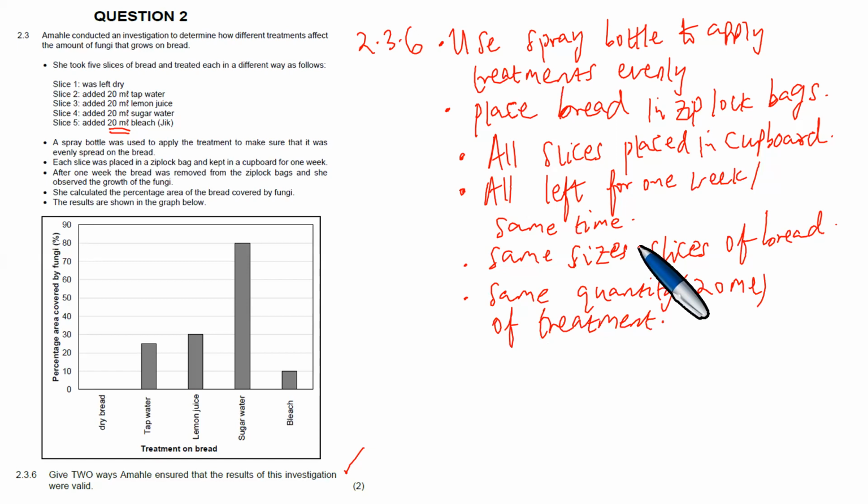Moreover, all were left for 1 week, the same time. Next, the same sizes of slices of bread. And the same quantity, 20 milliliters of treatment across the board for all the slices. Okay, next point.